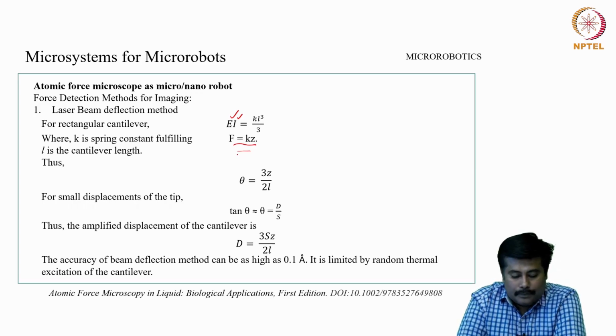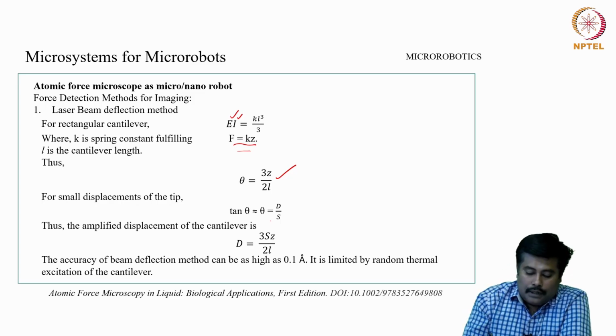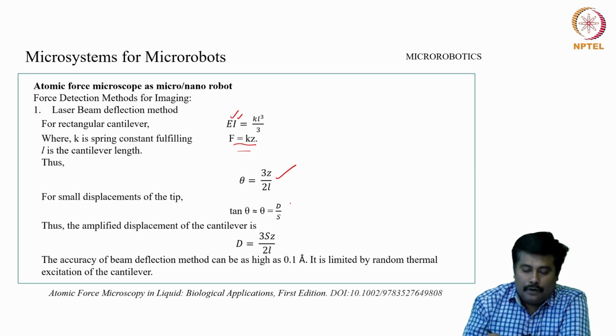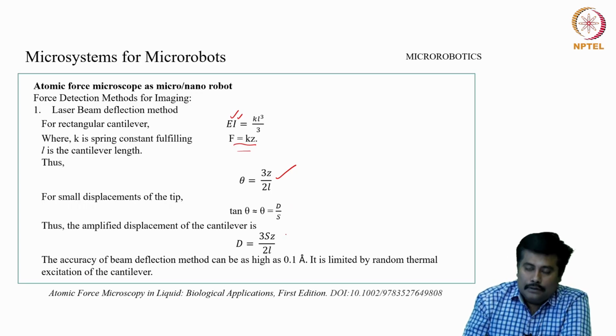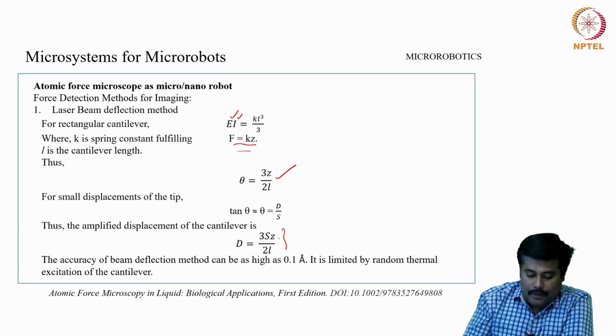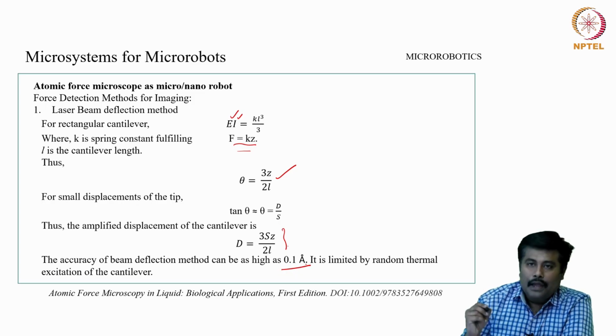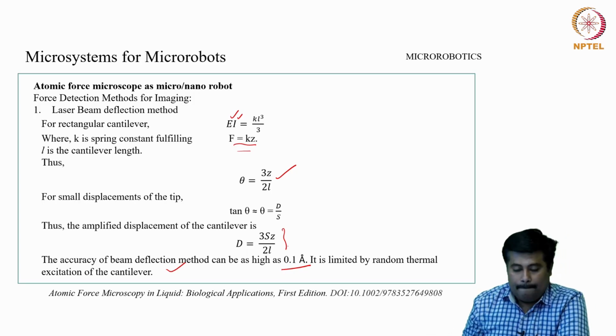For small displacement of the tip, theta equals 3Z by 2L. So, tan theta equals D by S, and the amplitude displacement of the cantilever is D equals 3SZ by 2L. The accuracy of the beam deflection method can be as high as 0.1 angstrom, and it is limited by the random thermal excitation of the cantilever.